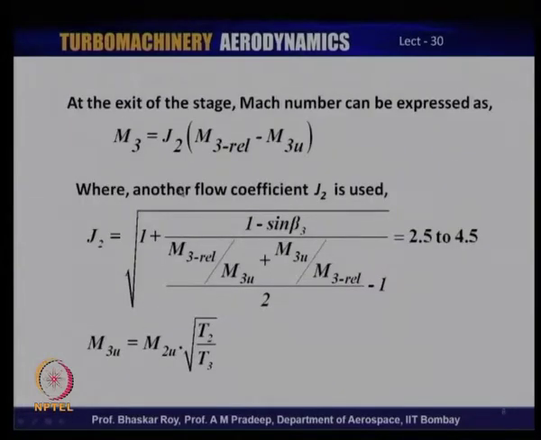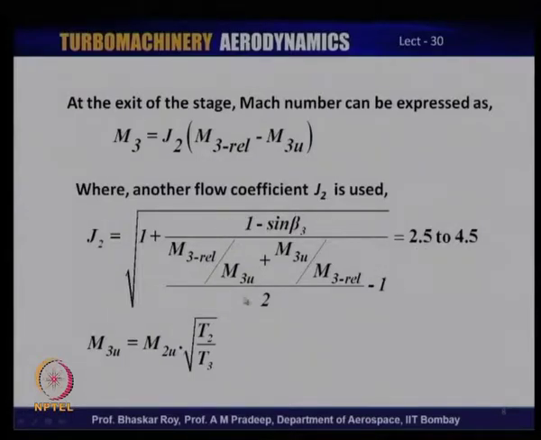Now, a similar flow coefficient is used for finding the Mach number at the rotor outlet, and that uses flow coefficient J2 based on Mach number M3 relative and blade velocity based Mach number M3u. This gives us J2, and this again is normally held somewhere between 2.5 and 4.5.